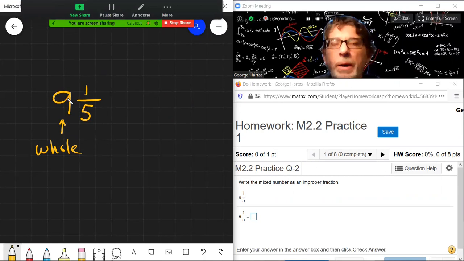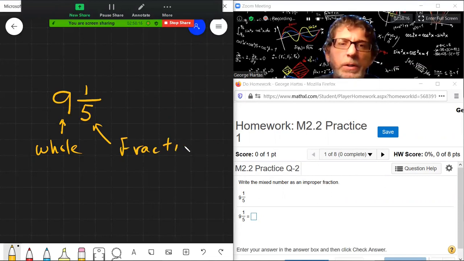So this is the whole number part of a mixed number, while this is the fraction part. Whole number part, fraction part. So when you put them together, it's called a mix. That's why it's called a mixed number. We're mixing whole numbers and fractions, combining them into one representation of some number.